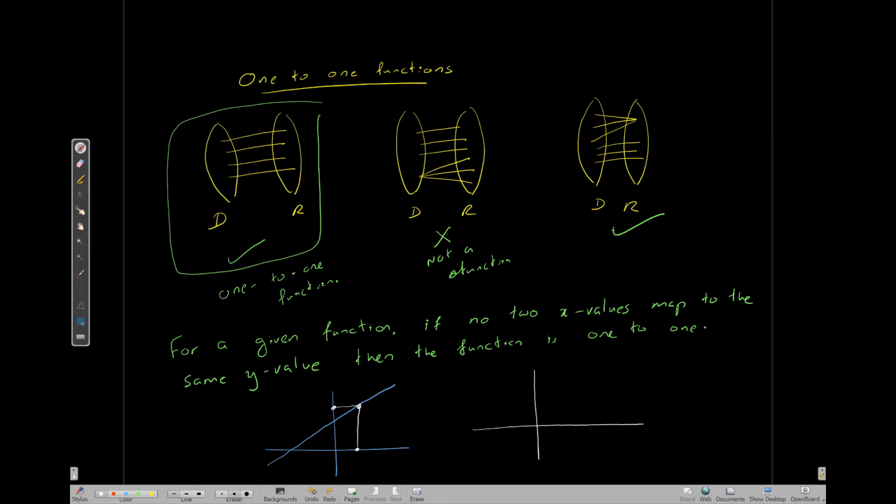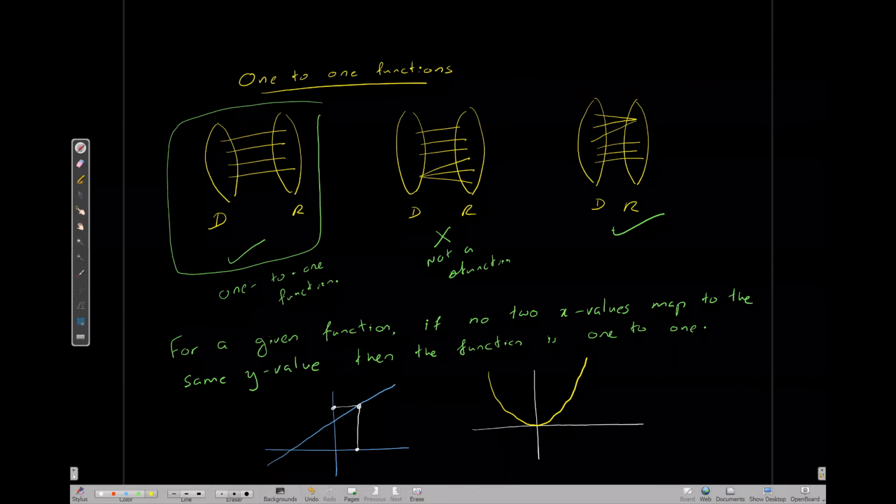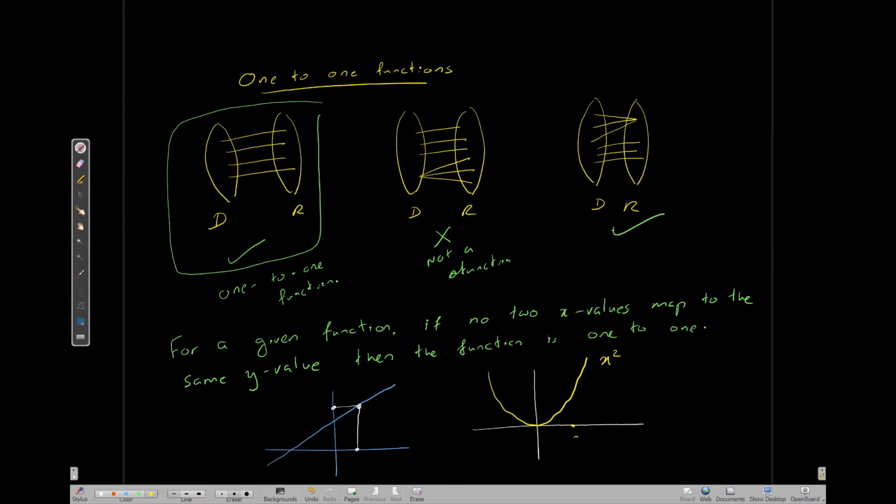But for example, quadratic functions, things like this. Let's say f of x is x squared. If I choose 3, f of 3 is 9, right? And how about f of negative 3?